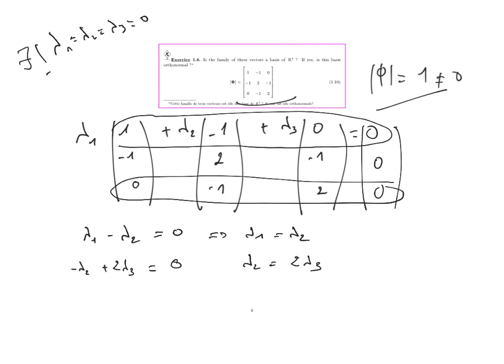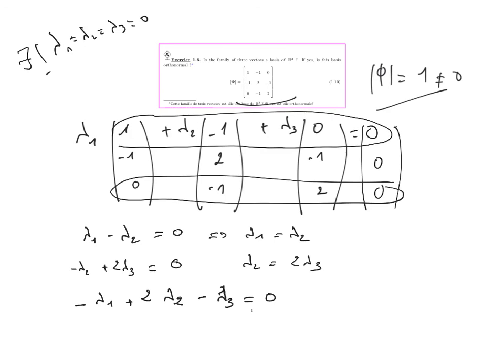And then if we look to the last line, we have minus lambda 1 plus 2 lambda 2 minus 1 lambda 3, or minus lambda 3, equals 0.